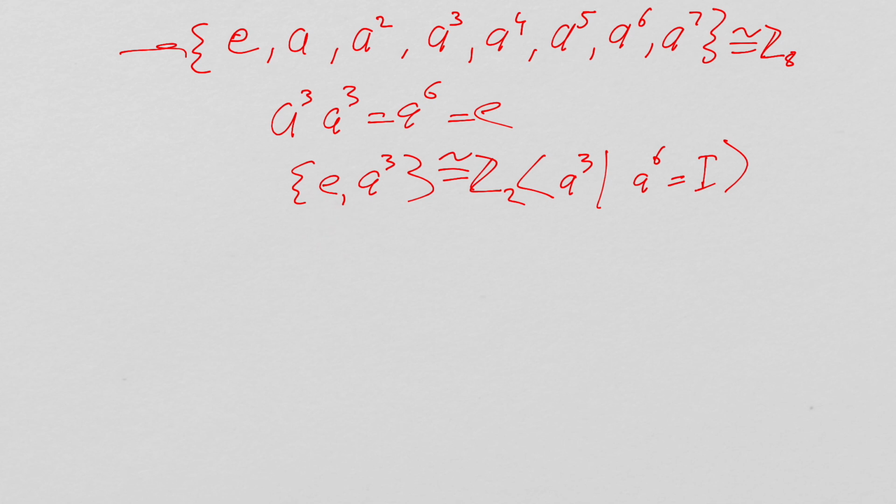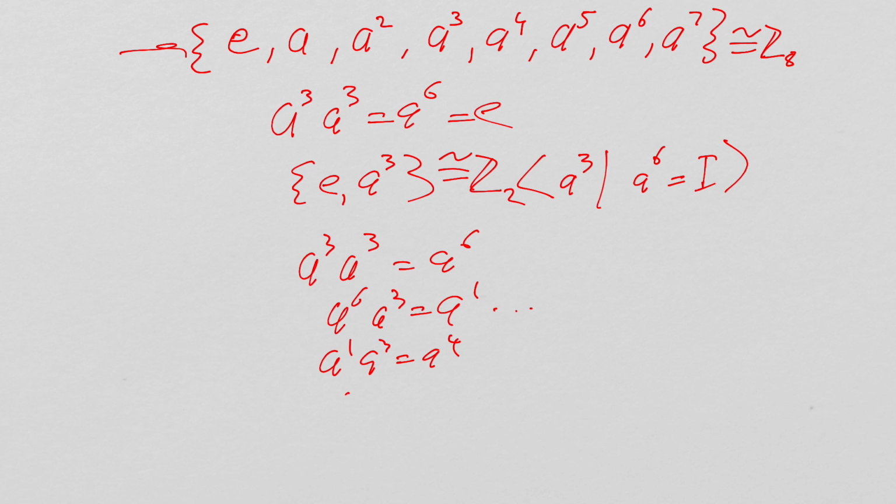The reason is you would get A3, then A6, then A6 times A3 equals A9, which is A1, and if you keep going, A1 times A3 equals A4, and then A4 times A3 equals A7.